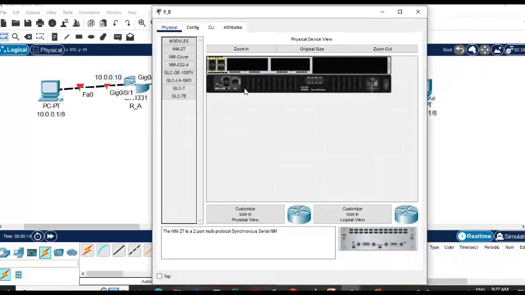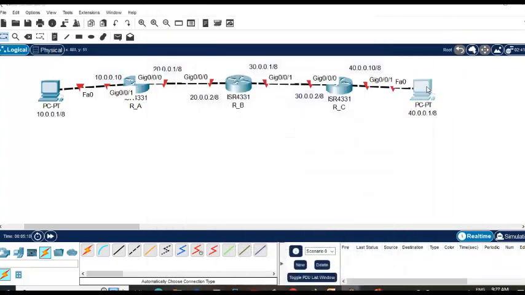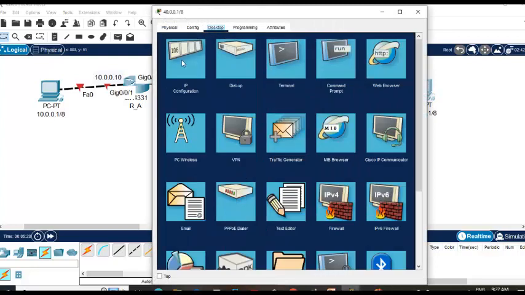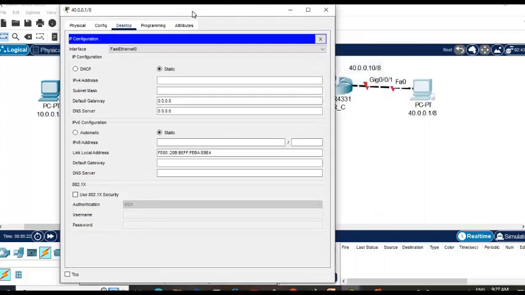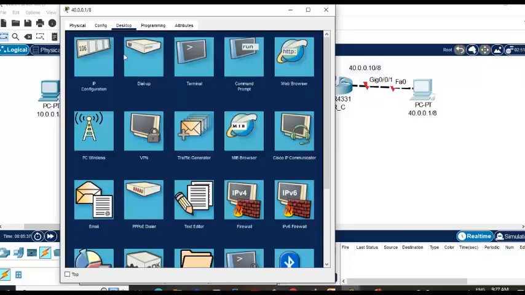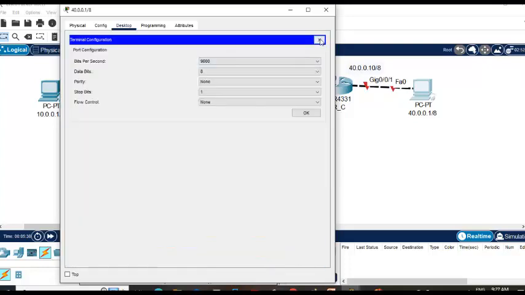This computer's IP address is 40. Gateway is 40. Now, to verify, you can go to command prompt and say ipconfig. Now, two computers are ready.